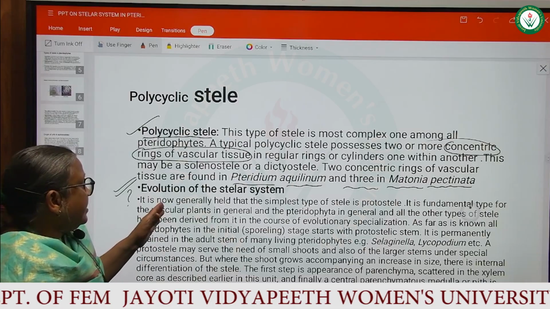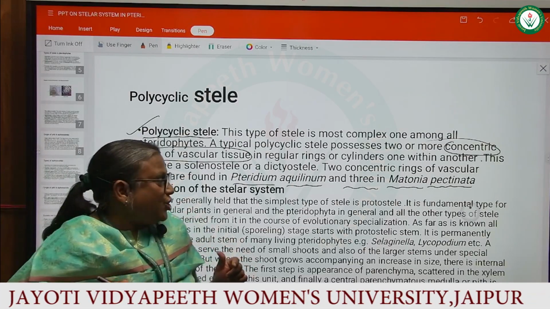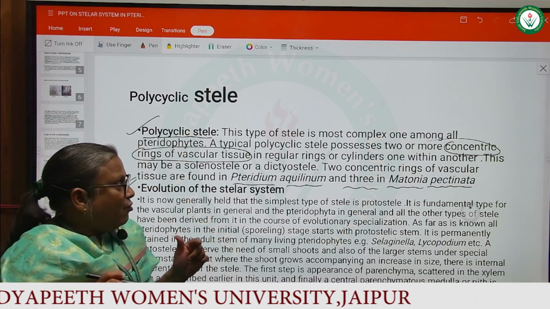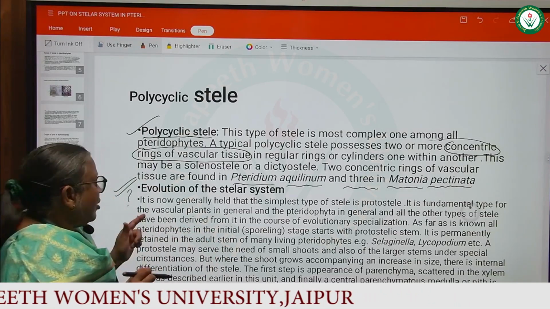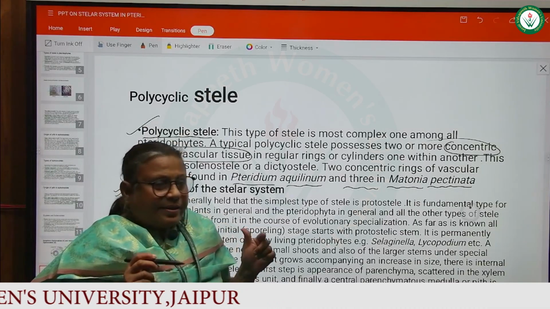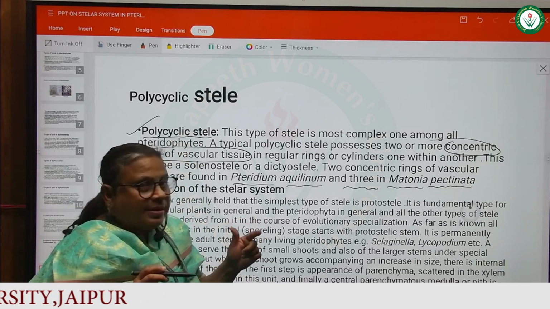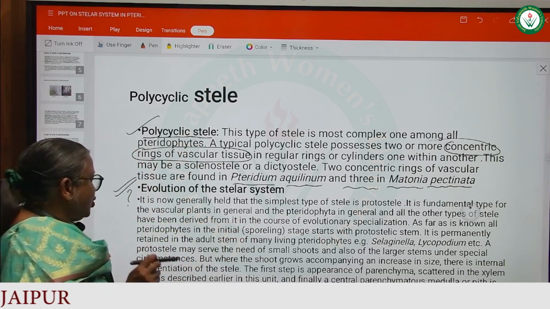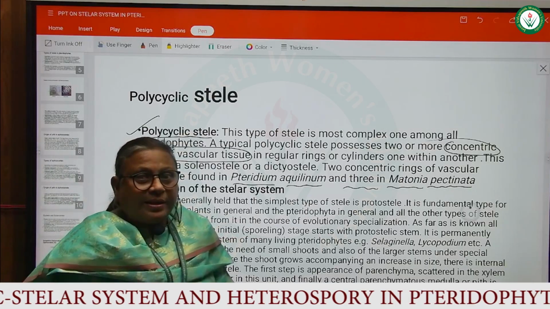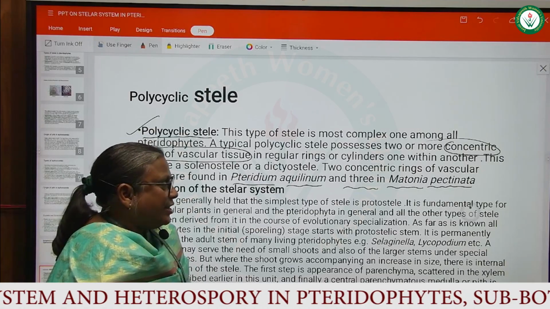Well, it is generally held that the simplest type of stele is the protostele. It is the fundamental type for the vascular plants in general and the pteridophyta in general, and all the other types of stele have been derived from it in the course of evolutionary specialization.